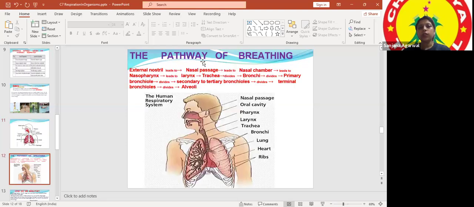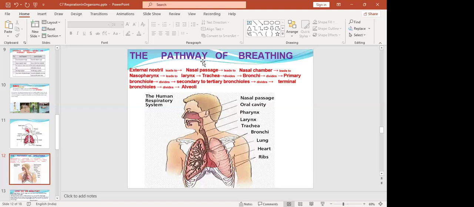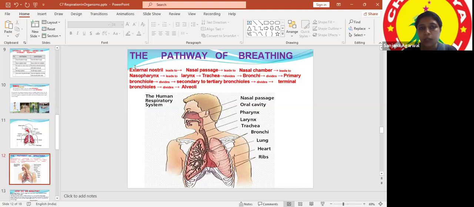Fine. So now write the pathway of breathing. Ma'am, should we note this? Yeah, note this red part, the pathway of breathing.